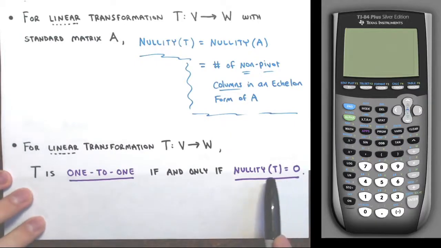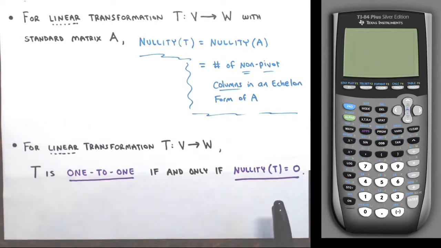So that means that the null space would be just the set with the 0 vector in it, right? And again, you've seen this in a previous video, hopefully, if you've been following. Remember, when the null space of a transformation was made up of only the 0 vector, only the 0 vector maps to the 0 vector, then the transformation will be 1-to-1.